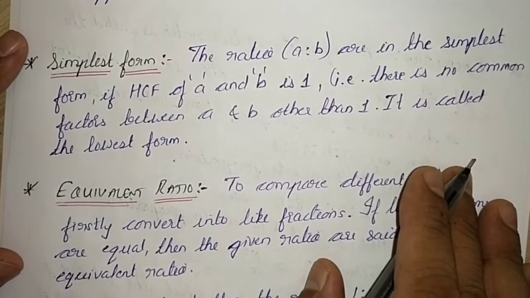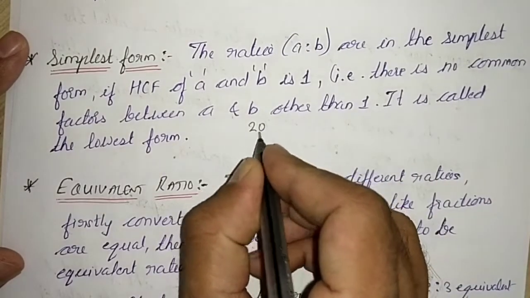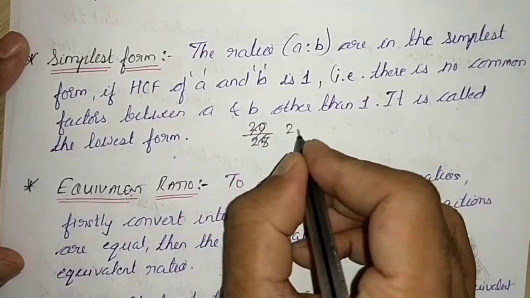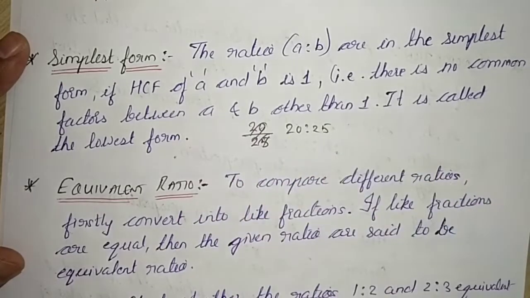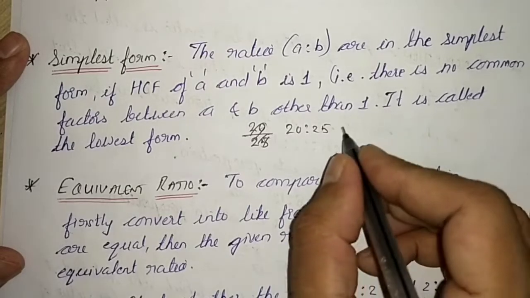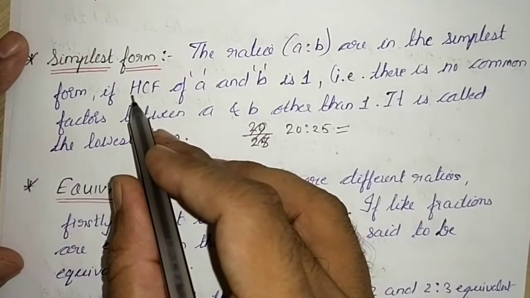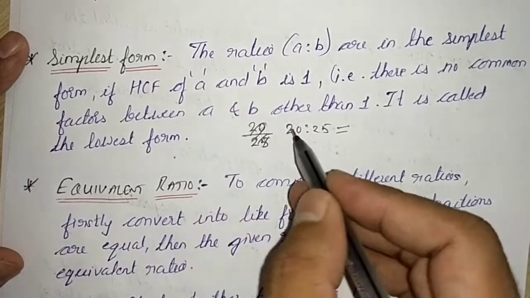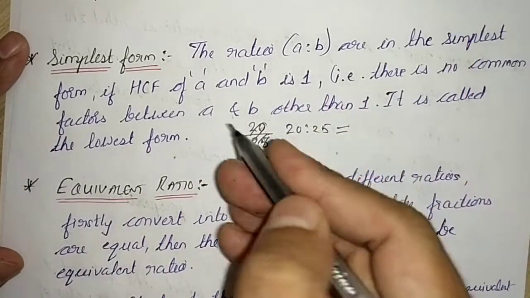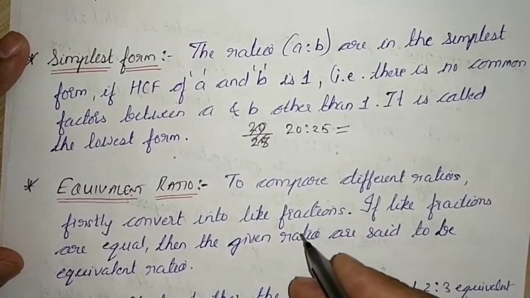If they have given you the ratio 20 is to 25 in the simplest form. What is the simplest form? If the HCF of A and B, here A is 20, B is 25, is 1, then they can be called to be in the simplest form.